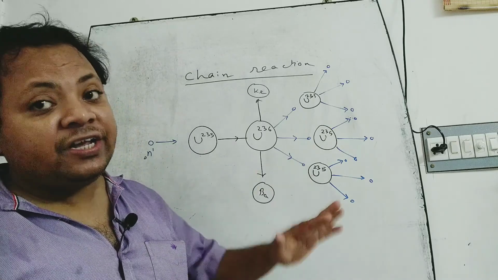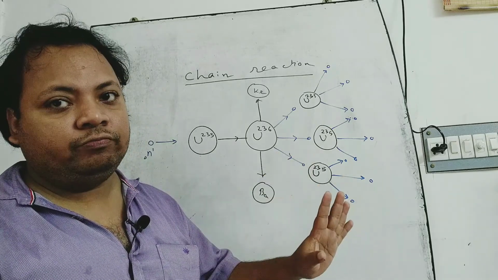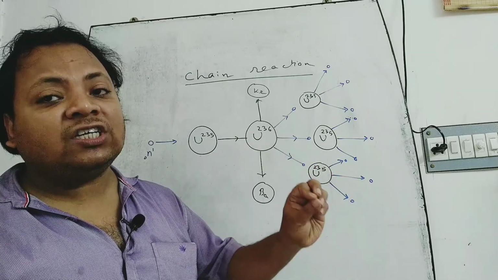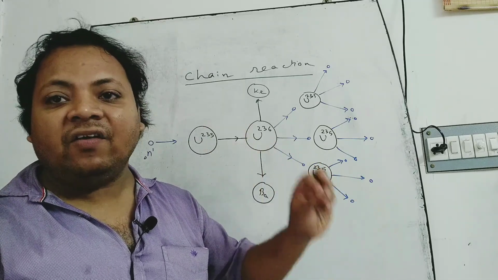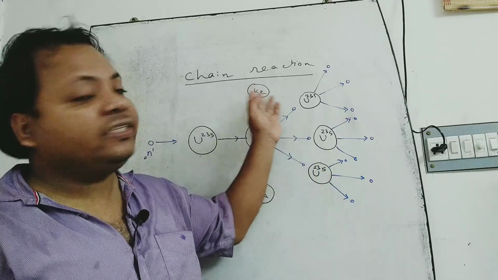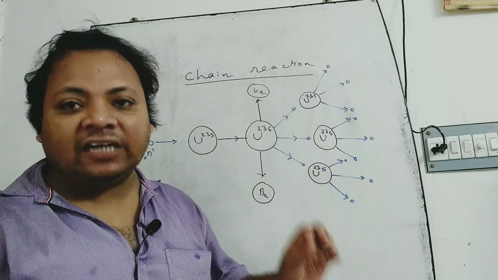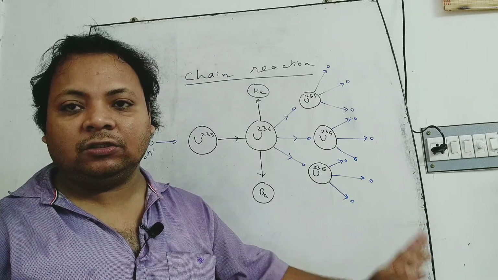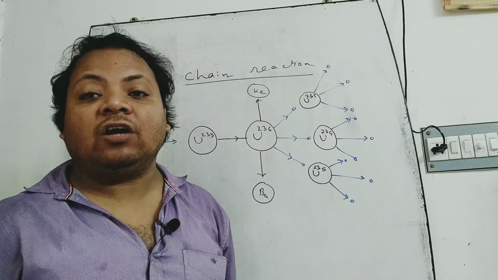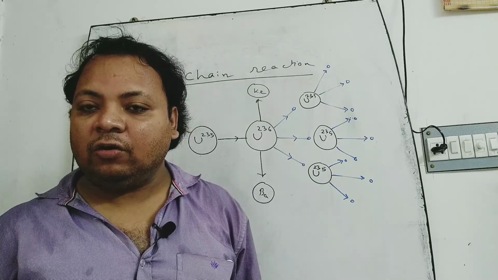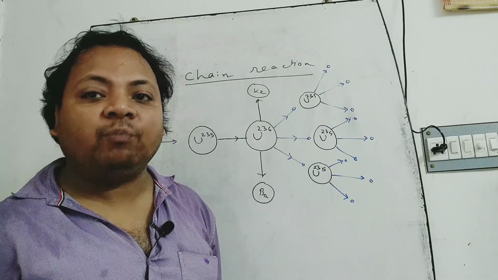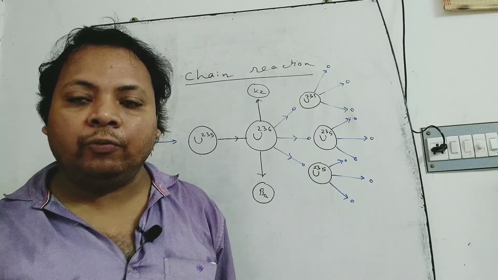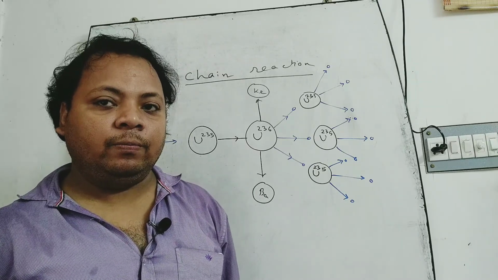But in the case of an atom bomb, we do not control the rate of the chain reaction. That's why this is known as uncontrolled chain reaction. We can use the controlled chain reaction for the development of human beings.